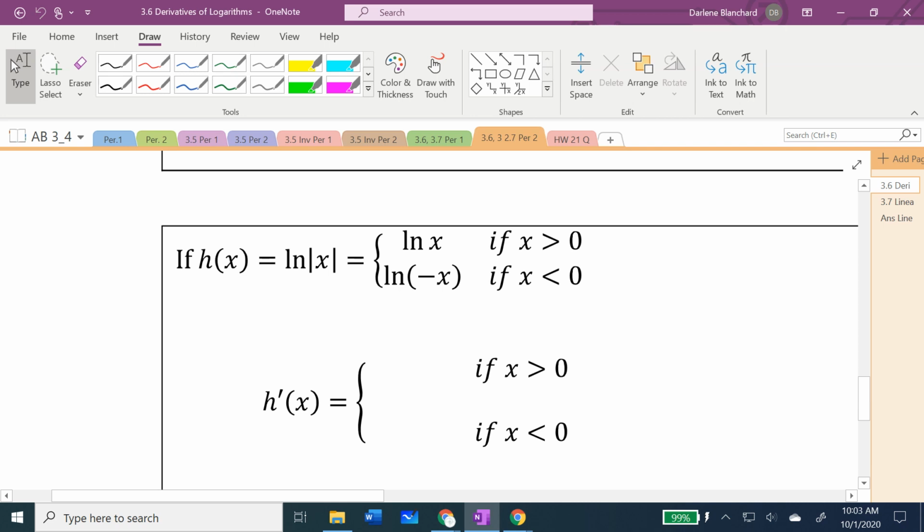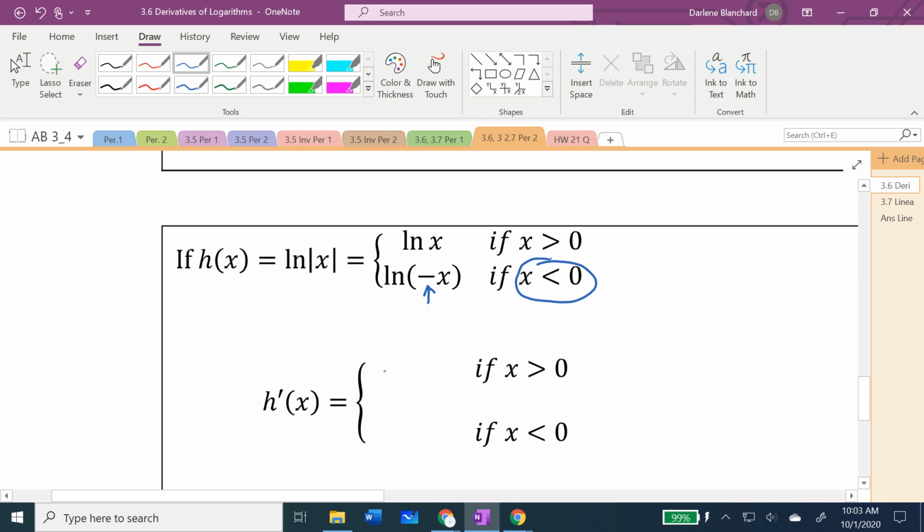When I absolute value that x inside natural log x, that means if x is greater than 0, the function is just natural log x. But if you're dealing with a negative number, when you multiply it by -1, you make it a positive number going in the logarithm. And that does the same thing as that absolute value does. So now, what did we learn to be the derivative of natural log x?